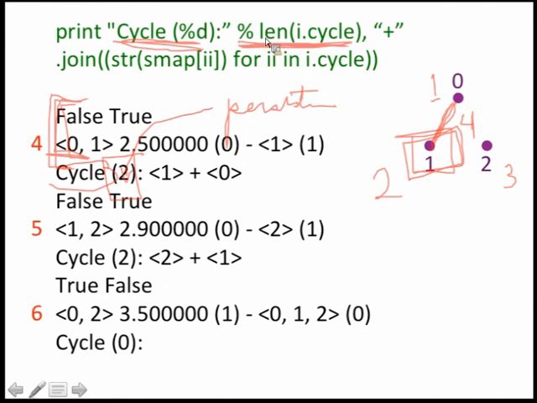And so we're printing cycle. The %d corresponds to this first quantity right here. We're doing the length of the cycle. The cycle is whatever 0, 1 is paired with. 0, 1 is paired with 1. So we know that the length of the cycle 1 is 2 right here.